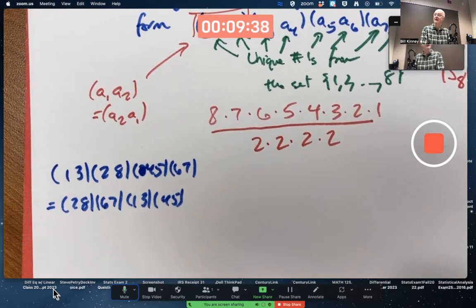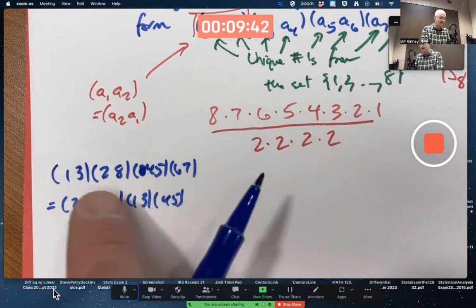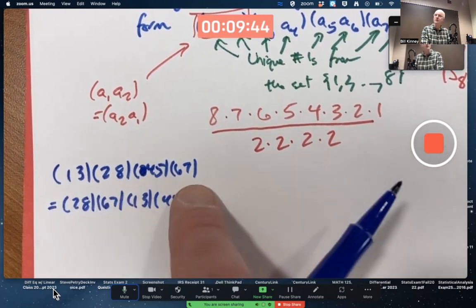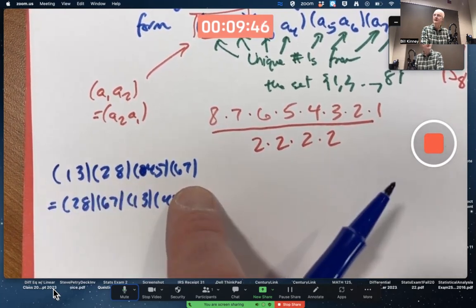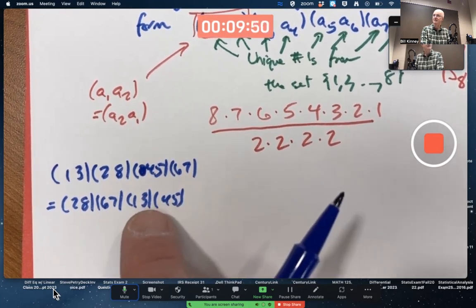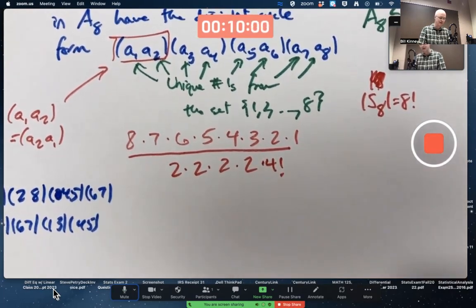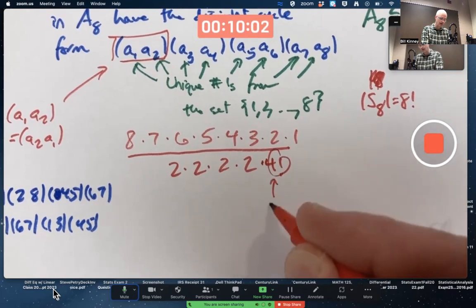And there's more ways I could write it. In fact, for any one of these given products of 4 2 cycles, how many ways could I order those things and get the exact same permutation? 4 factorial, 24. So you get to divide by that as well. And yes, that's 24.